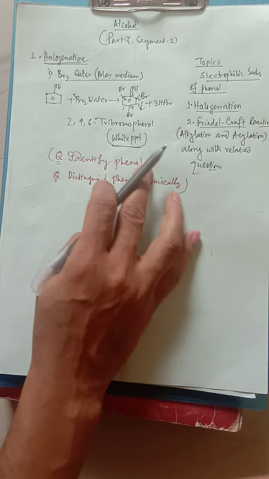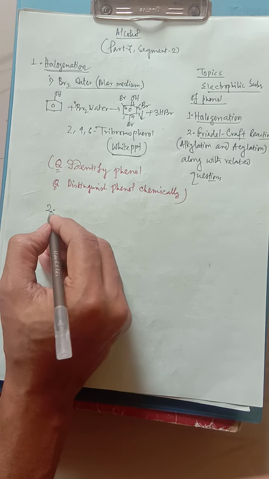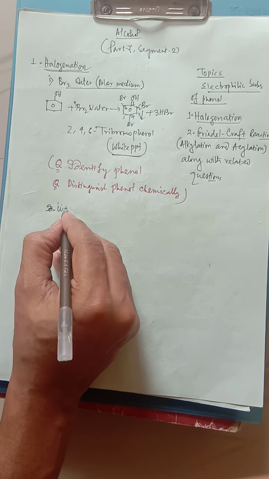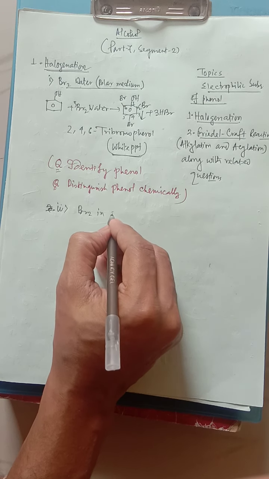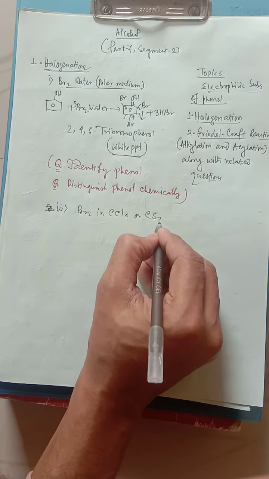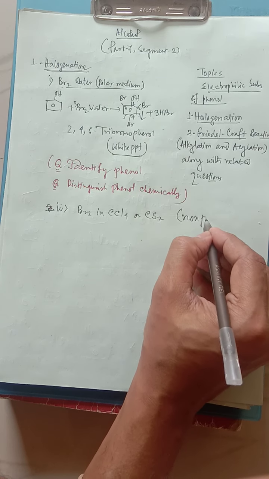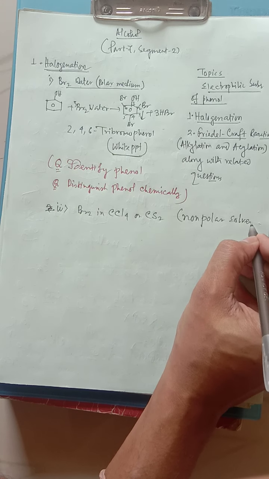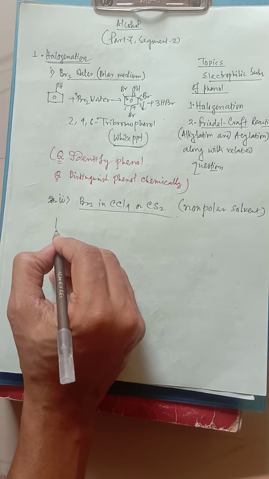I have discussed the related question also. Now moving to the next medium, number 2: bromine in CCl4 or CS2. Both are organic solvents, and it is a non-polar medium. Now what will be the effect here? What is the difference between them?